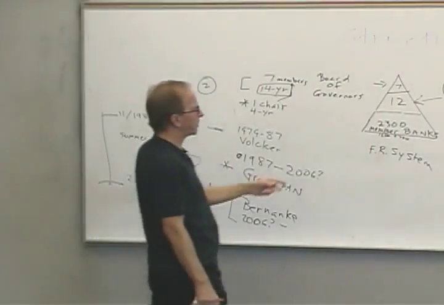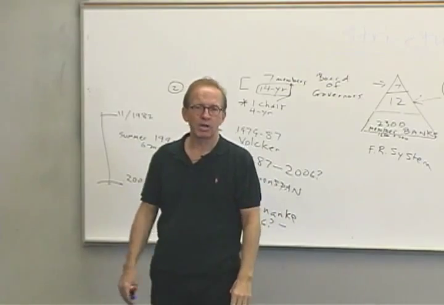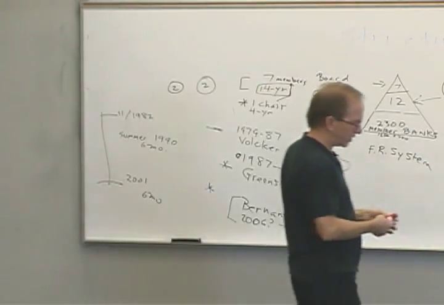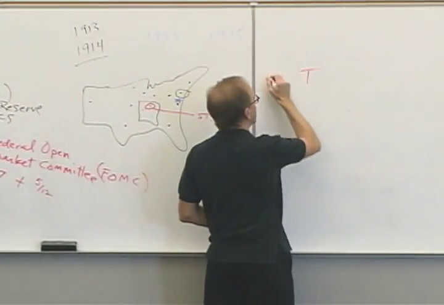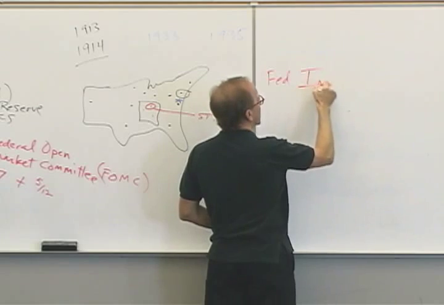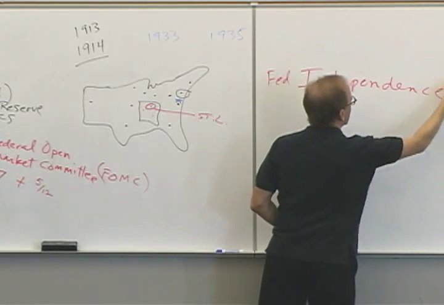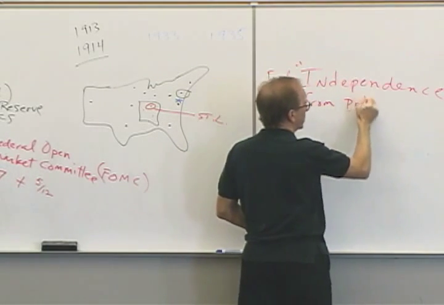And we'd like to have people that cast votes and have independent viewpoints that are not influenced too much by politics. And so we get into this discussion of the Fed's independence from political influence.